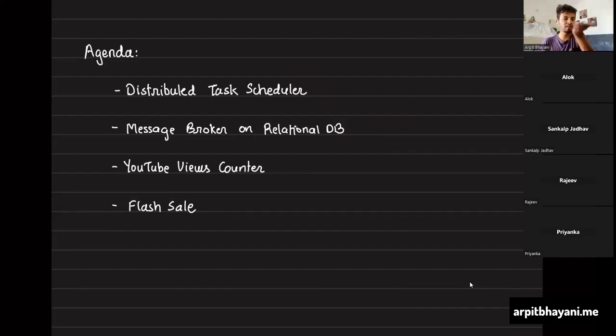Then obviously you just remove the relational database. Whatever you are writing as a storage layer for that, just ensure you meet those guarantees. Once you meet those guarantees, you have your working message broker. But talking with respect to a relational database makes it very easy to have that fruitful conversation and not just draw random boxes. Third one is about designing a YouTube views counter.